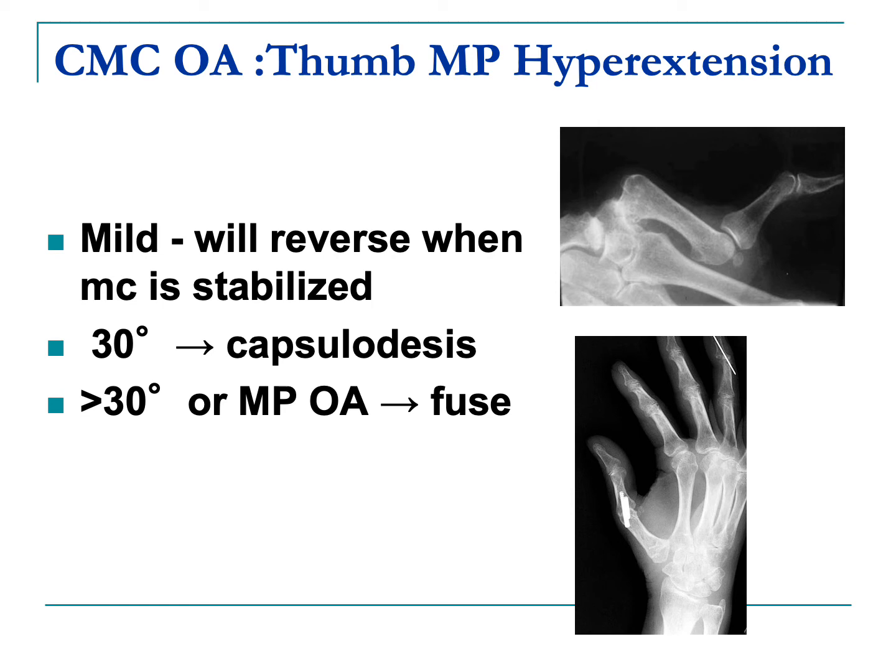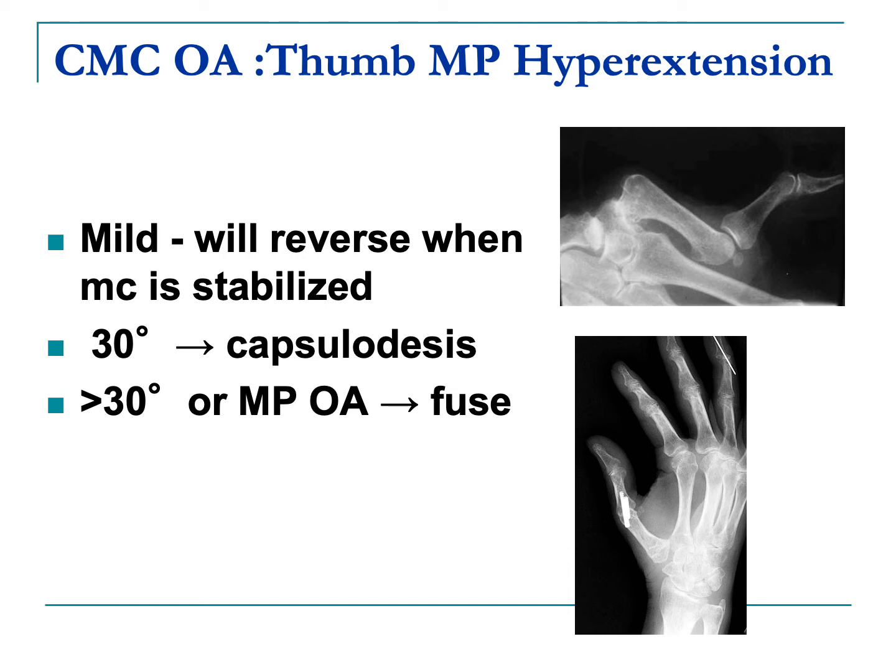Again, I'd like to reiterate my concept about patients who have hyperextension of the MP joint. If this is rather mild, a few degrees, then this probably will spontaneously reverse once the metacarpal is stabilized. If, however, the MP joint hyperextension is 30 degrees or so, then a tightening of the lax volar plate should be done.